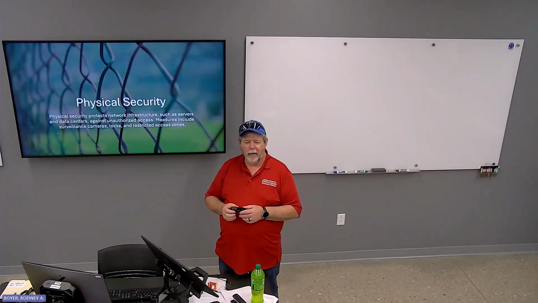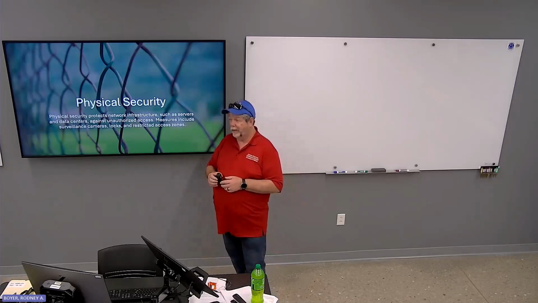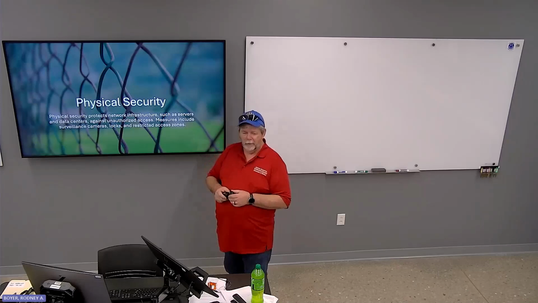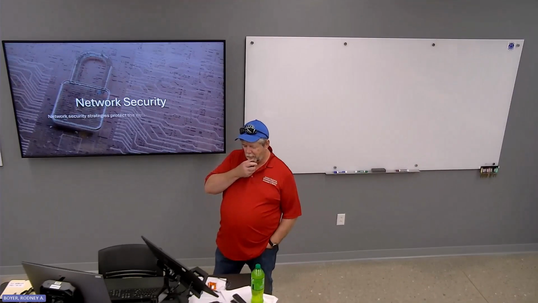Somebody finally made one that is supposed to be unpickable. Pretty sure you can pick those ones too. You can find YouTube videos and see those. They're actually really cool. So they're actually unpickable? Yeah.